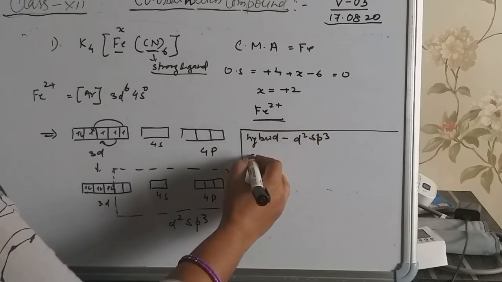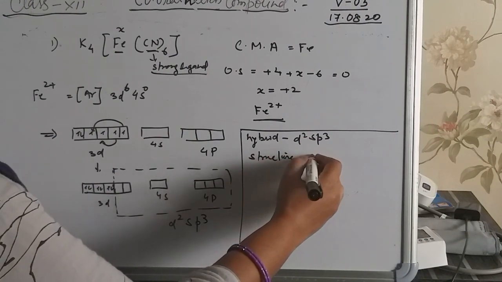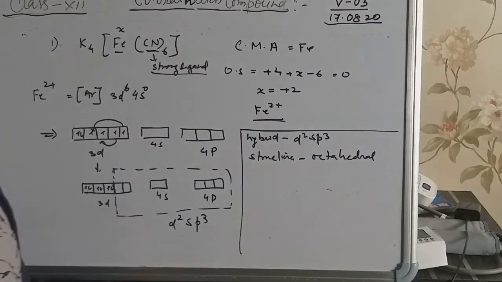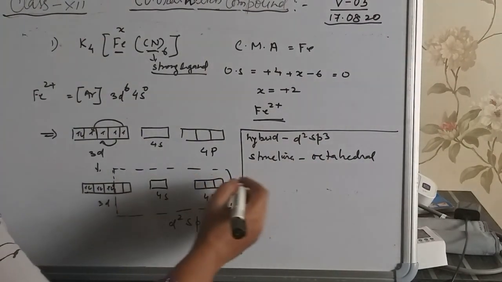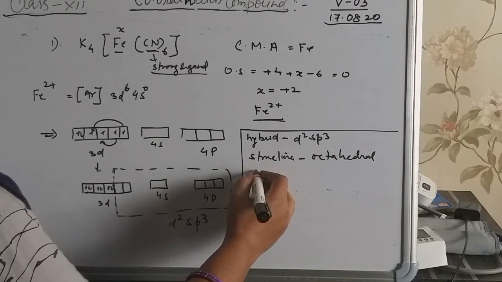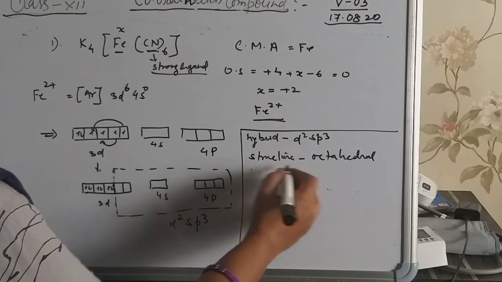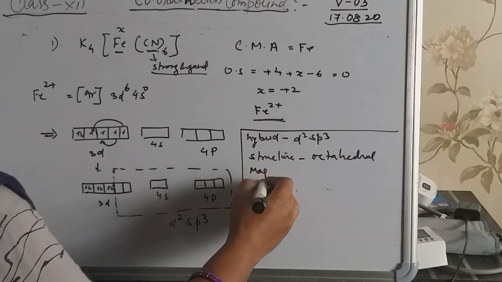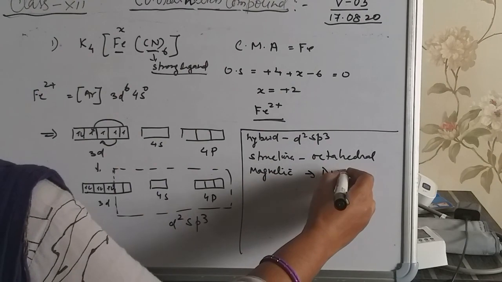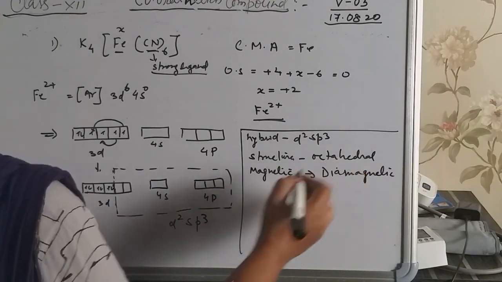And what will be the structure of this compound? So structure is octahedral. How many unpaired electrons? No unpaired electrons. So the magnetic nature is diamagnetic because there is no unpaired electron.